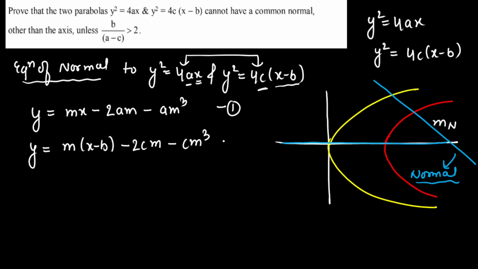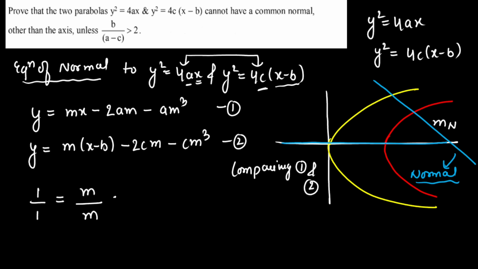Let's say this is the first equation and this is the second equation. Now I'm going to compare these two equations. So comparing 1 and 2, the coefficient of y upon coefficient of y is equal to the coefficient of x, which is m in the first equation, upon m again, which will be equal to the ratio of the constant values.